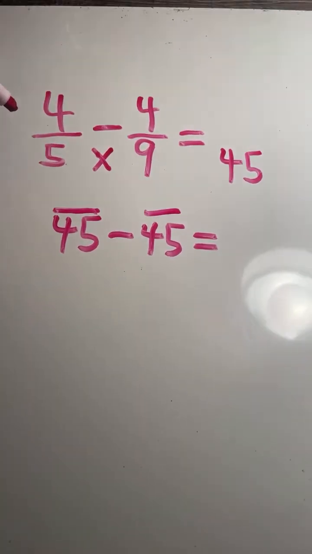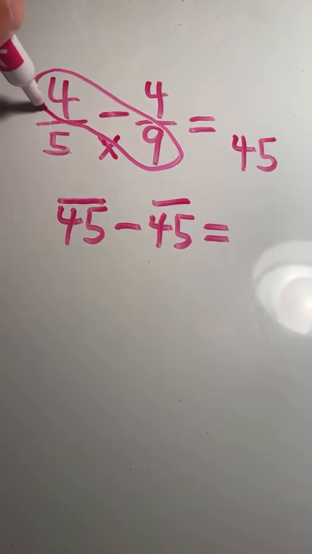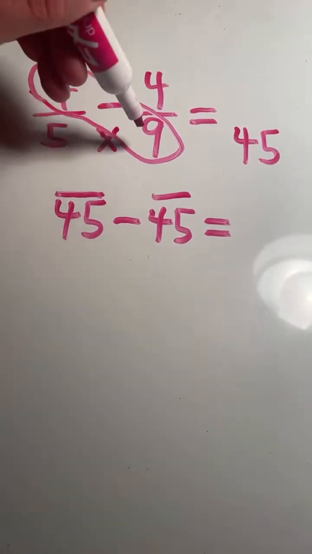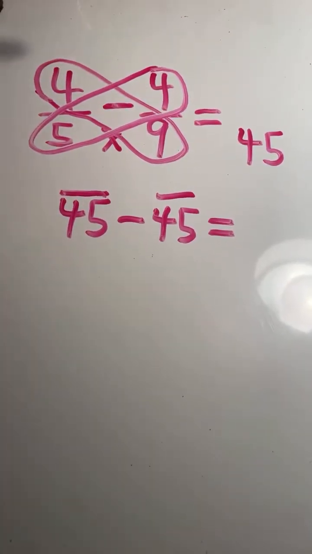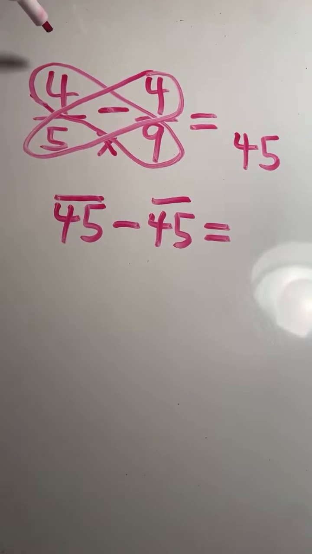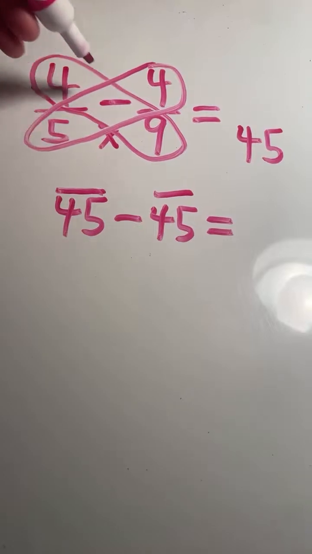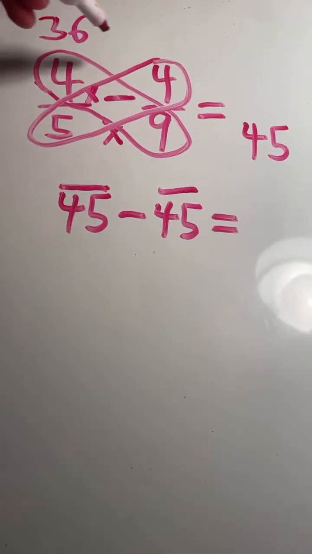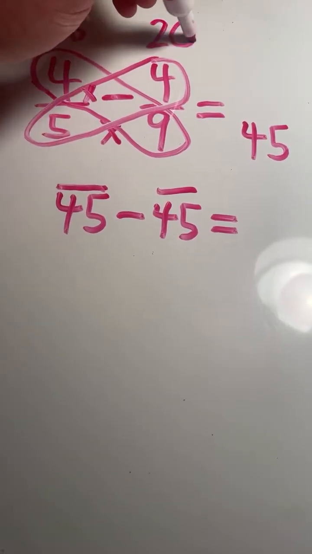And we got to figure out our numerators by multiplying each numerator times the opposite denominator. The 4 in 4/5, we multiply that times 9. The 4 in 4/9, we multiply that times 5. 4 times 9 equals 36. 4 times 5 equals 20.